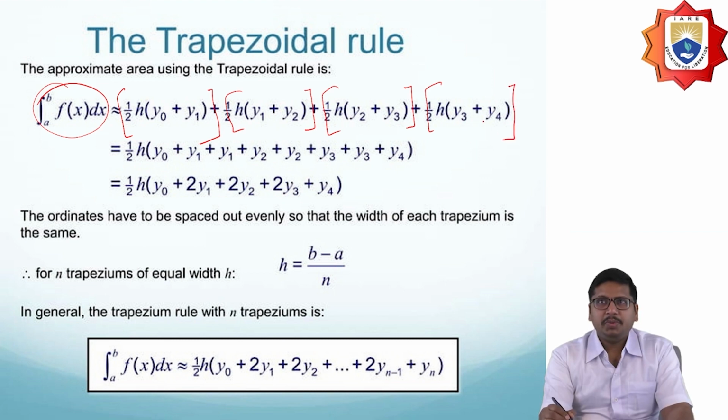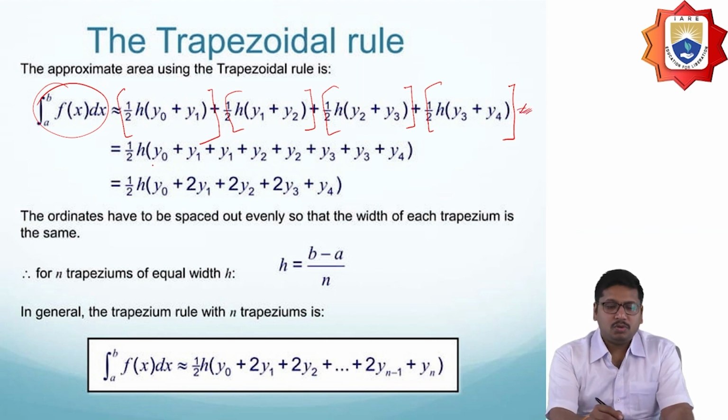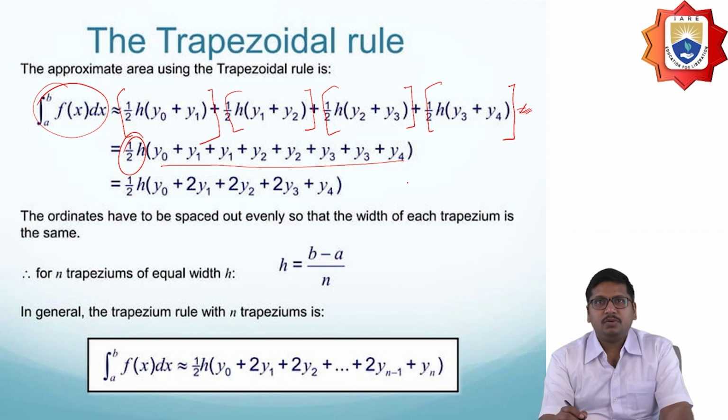Like this, I estimate the value of the various trapeziums. If I simplify this equation by taking half h as a constant, I get the summation of all the ordinates y0 plus y1, y2, and so on.